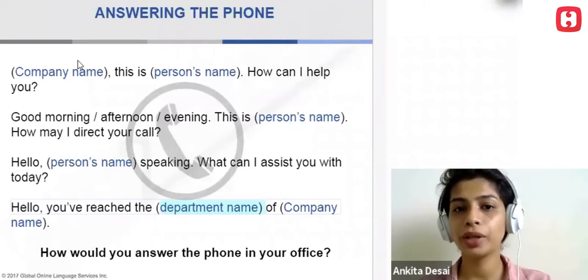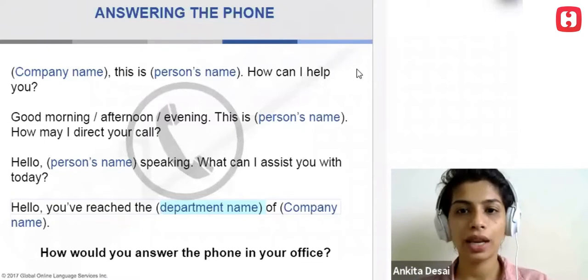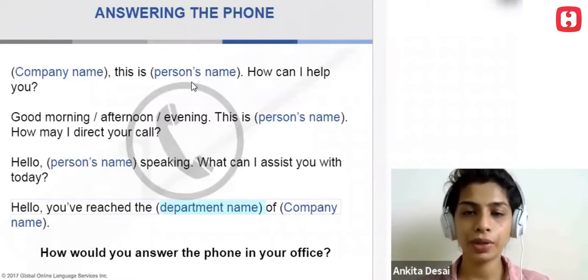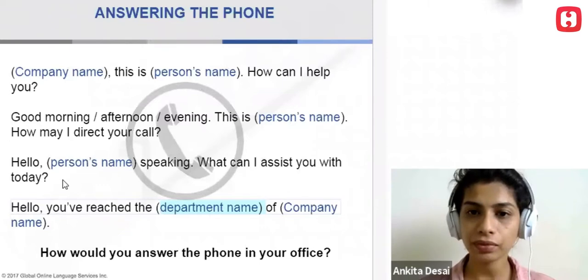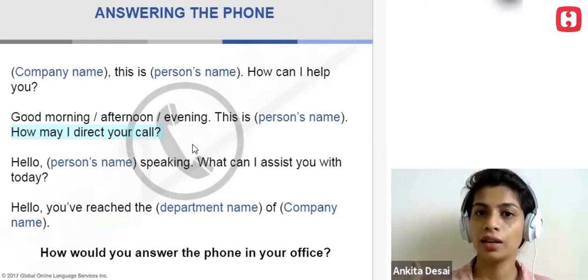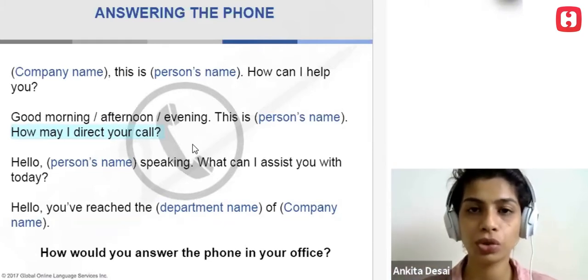By giving your company name first, then your personal name, and then saying how can I help you. Or you can give the company name, your name, and then what can I assist you with today. Or you can say, how may I direct your call? This is what the receptionists say. That means, to whom can I transfer your call?